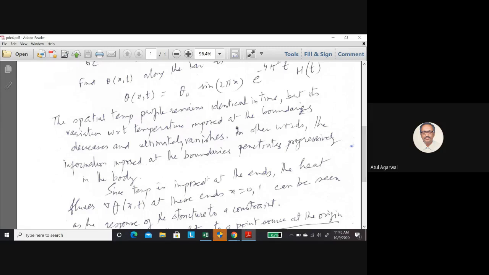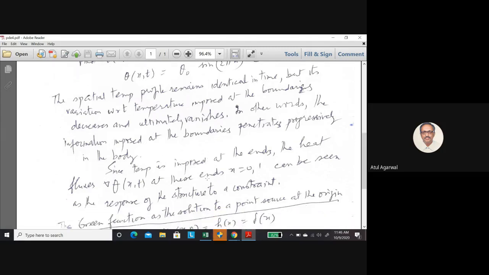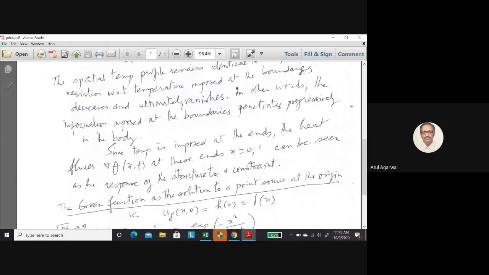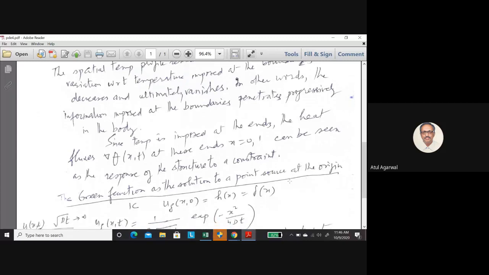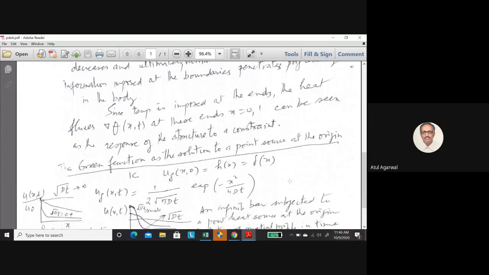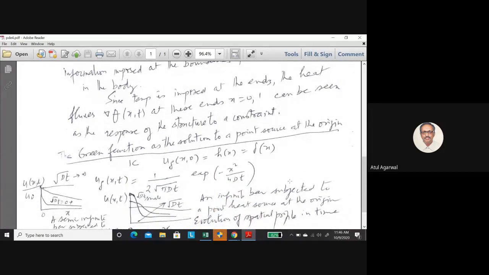Since temperature is imposed at the ends, heat fluxes at these ends, x equal to 0 and 1, can be seen as the response of the structure to a constraint. So since you have given temperature at the ends, you can find heat flux at these ends as a solution.